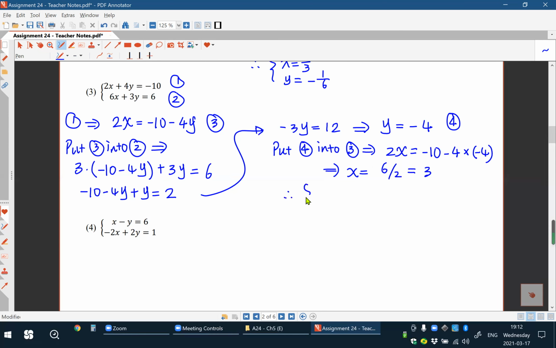Okay, so now we can make the conclusion. x is 3 and y is minus 4. This is our solution. And of course, you need to put them back into the original equation to verify your answer here. All right? Okay, have a look at this. Any questions? Please let me know.